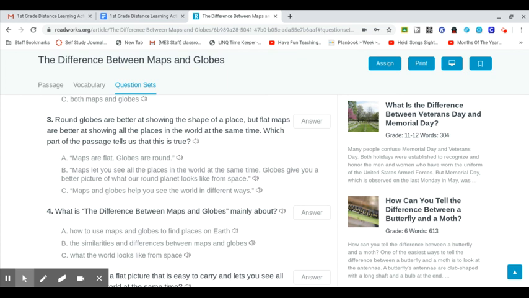Which one of these quotes do you think best helps us understand that? Good. That answer is B because it says right here that maps let you see all the places in the world at the same time. And up here in our question, it says maps are better at showing all the places in the world at the same time. But then globes give you a better picture of what our round planet looks like from space.